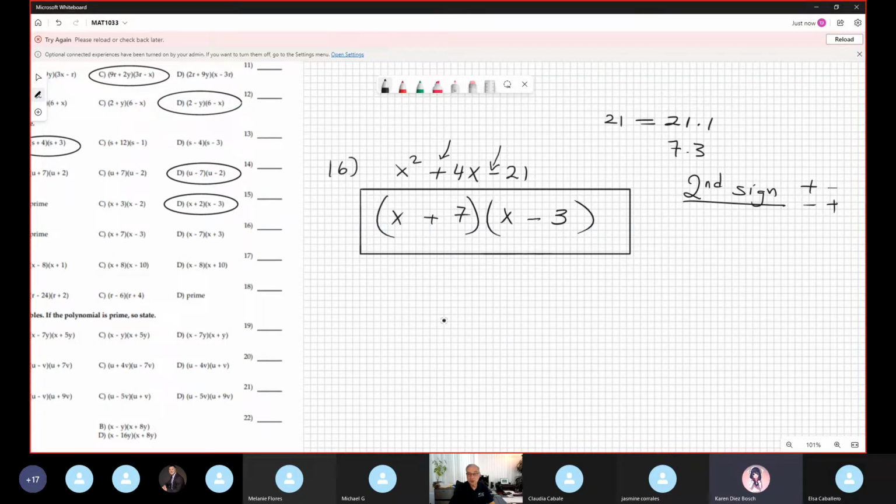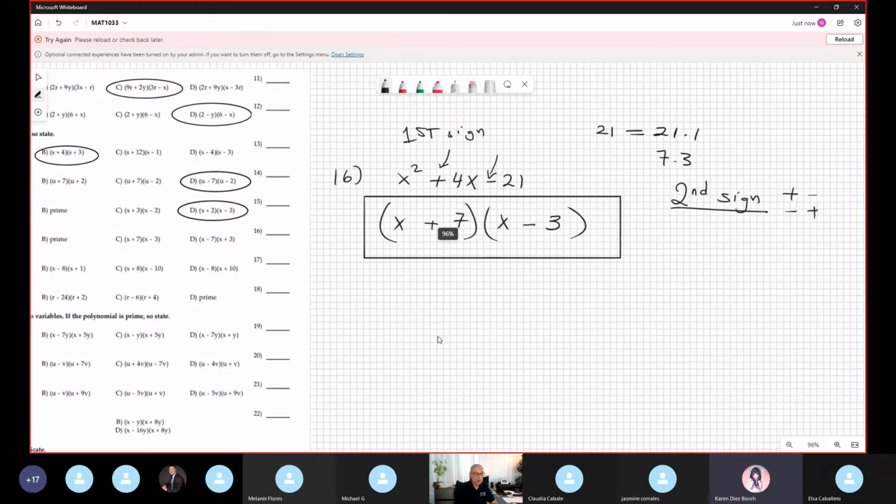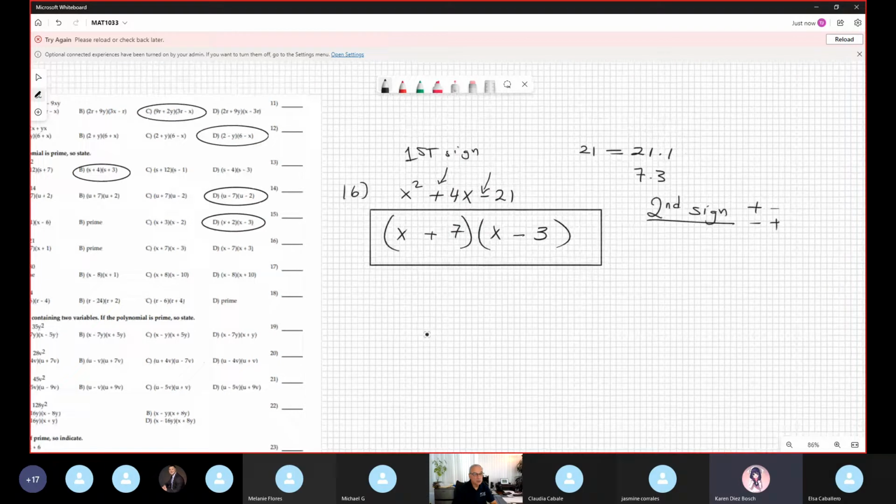Well, it's a plus minus because this first sign is plus. And always the first sign you assign, you copy, copy, copy, and paste, paste, paste onto the big factor or greater factor. Okay, entonces x plus 7, x minus 3, boom.